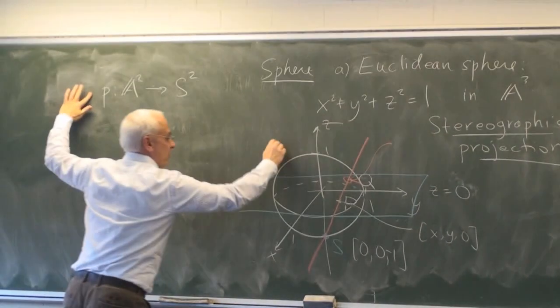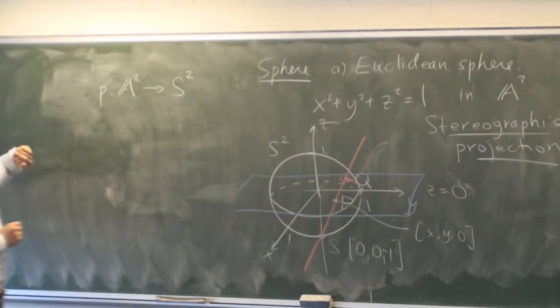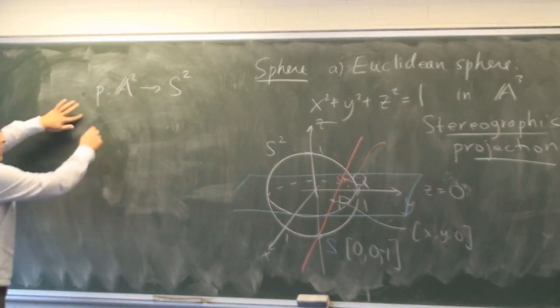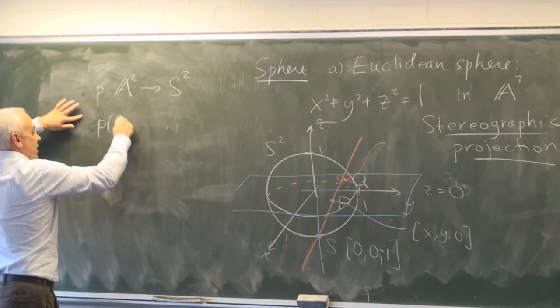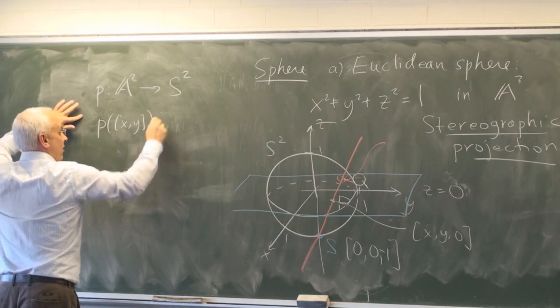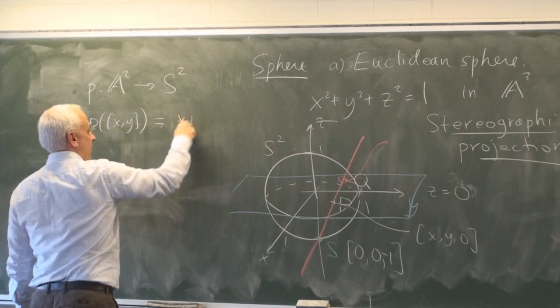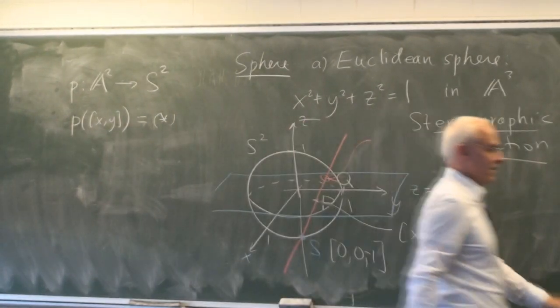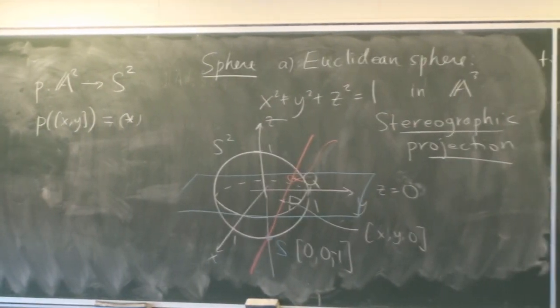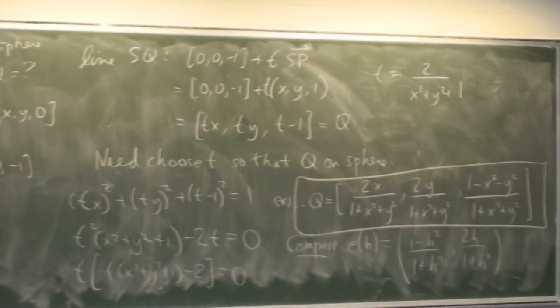That's our name for the sphere. It's a two-dimensional sphere. And P of the point xy is exactly this formula that we had over there, a formula for our stereographic projection.